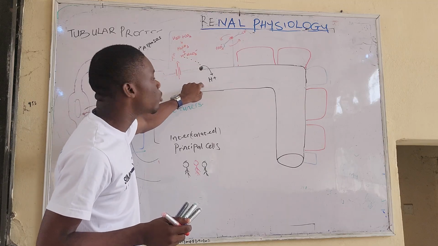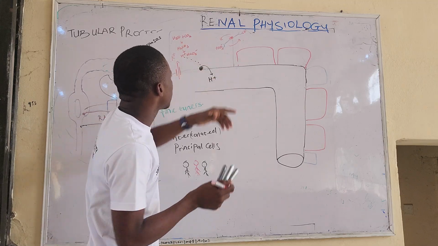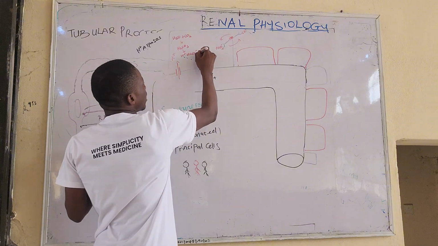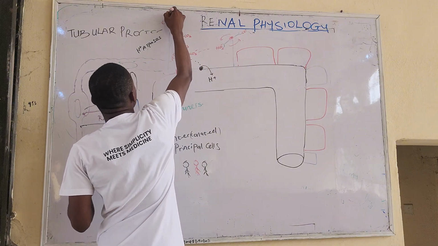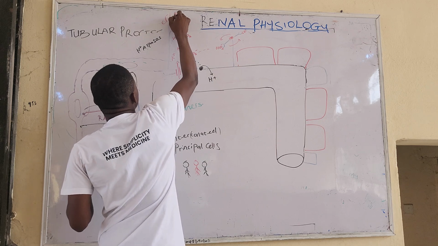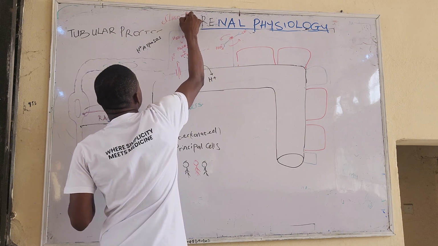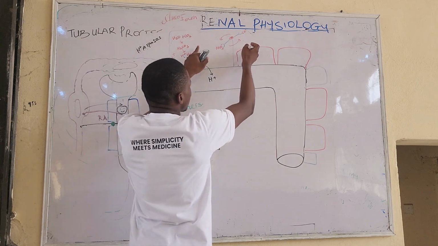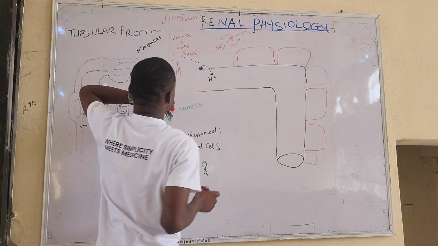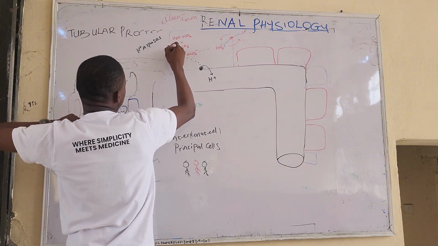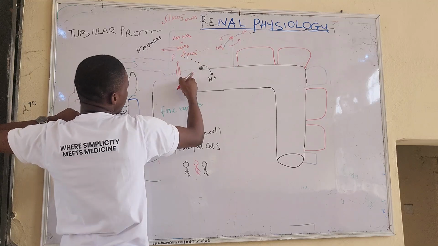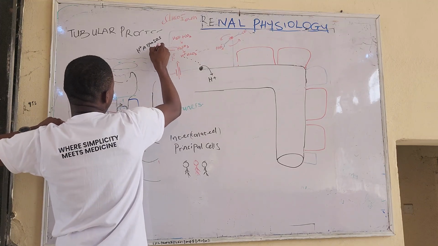Hydrogen is pumped into the lumen. HCO3 leaves. This thing is called the chloride HCO3 exchanger. It is an antiporter. Chloride enters, HCO3 leaves. Then potassium enters into this intercalated cell. Potassium can also leave through leaky channels.